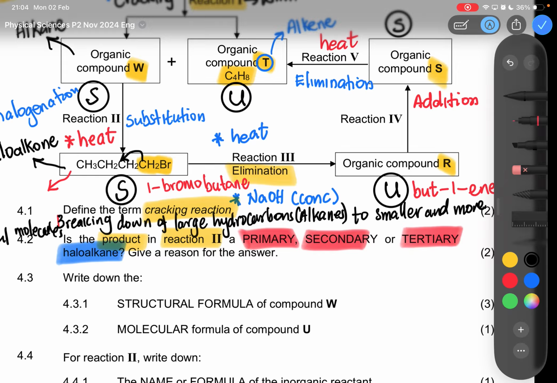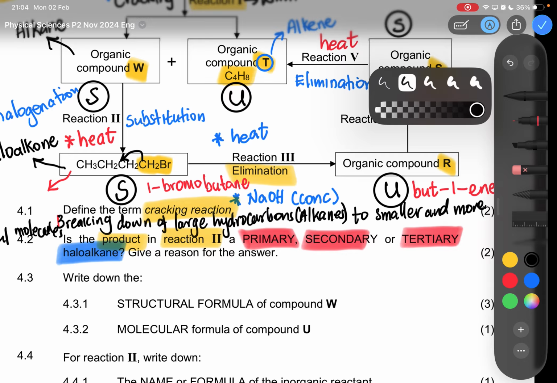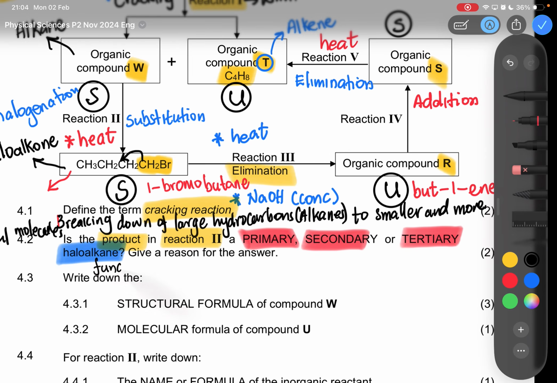So you can say that since it is bonded to one other carbon, the functional group, which is C, is bonded to one other carbon.